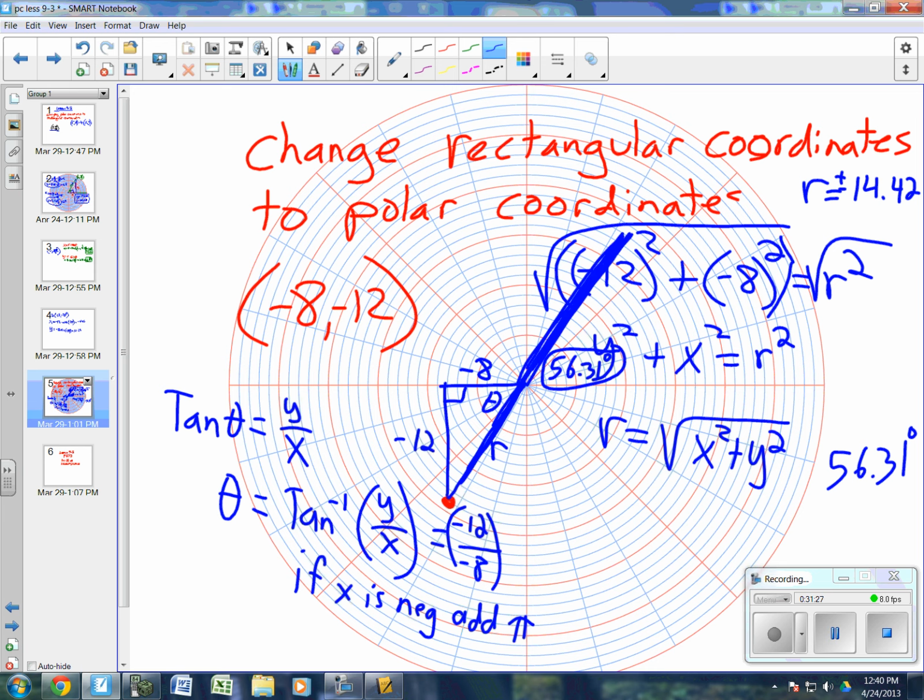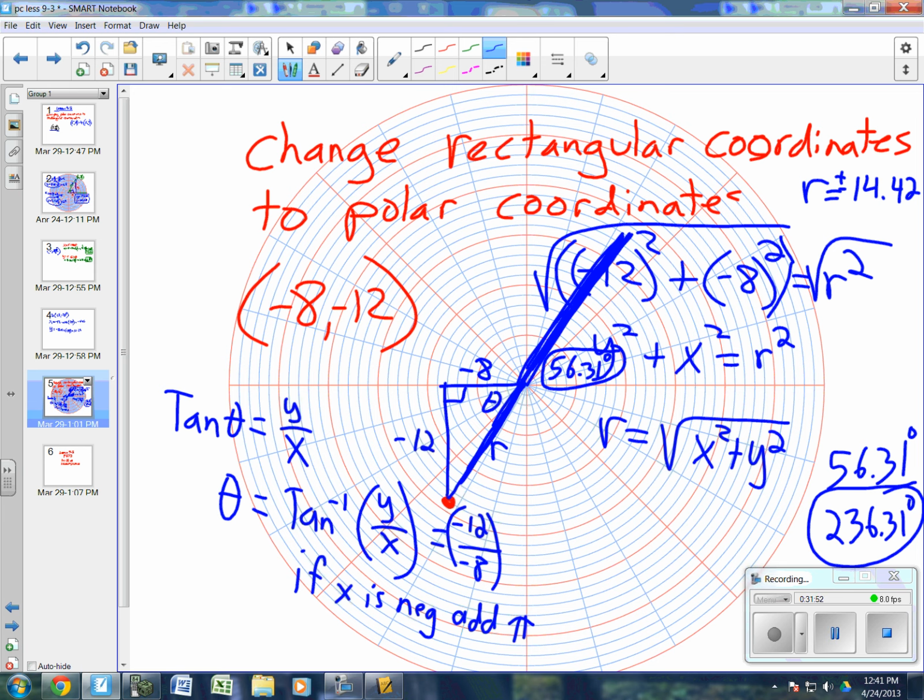So what do I have to add to it? I got to add 180. So everybody add 180 to 56.31, because anytime x is negative, you have to do this. What did you get? 236.31. So there is our angle, 236.31 degrees.